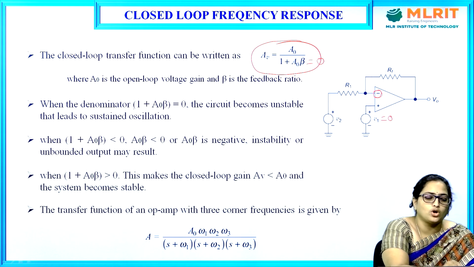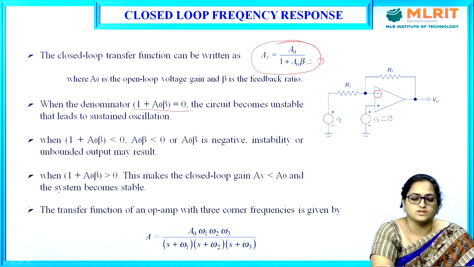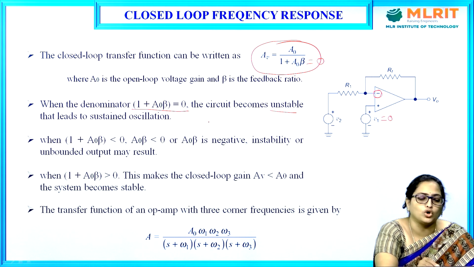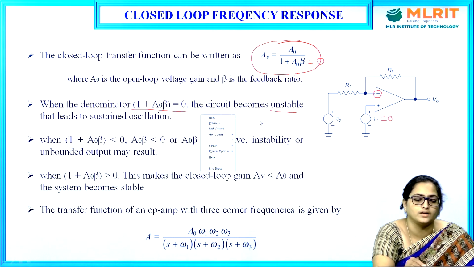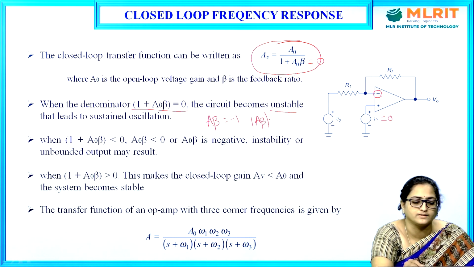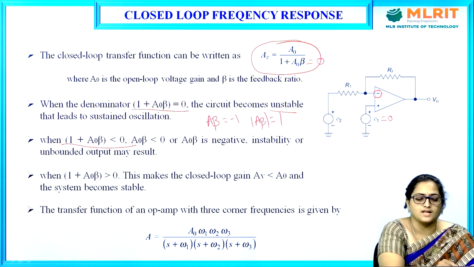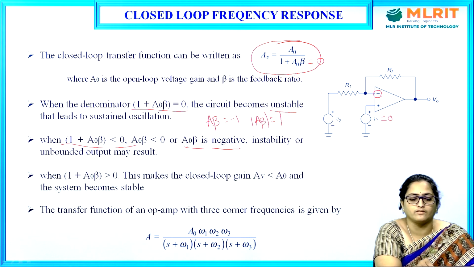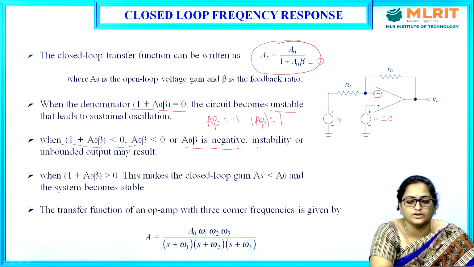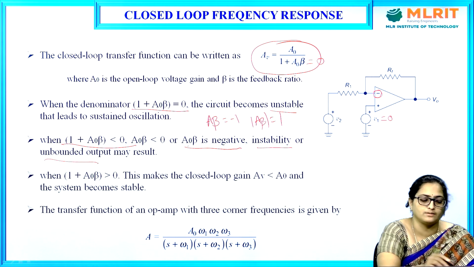When the denominator 1 plus A naught beta is equal to 0, the circuit becomes unstable because A beta will be equal to minus 1 and the magnitude of A beta is equal to 1. When 1 plus A beta is less than 0, A naught beta has negative values. There also your circuit is unstable.